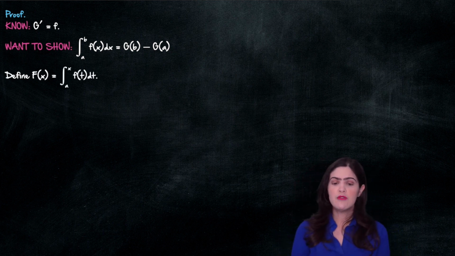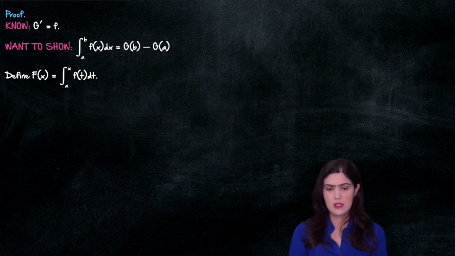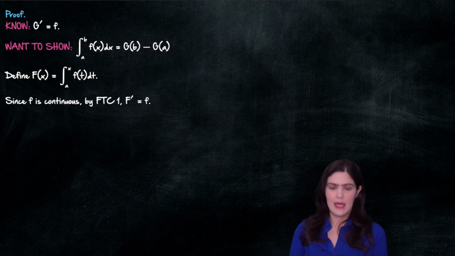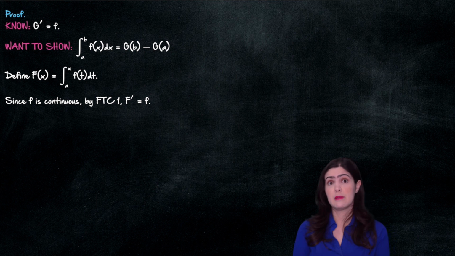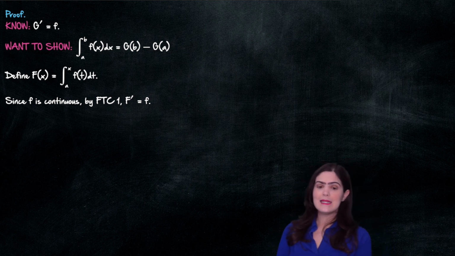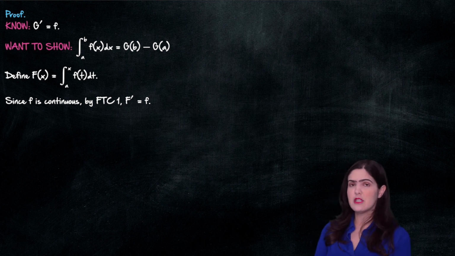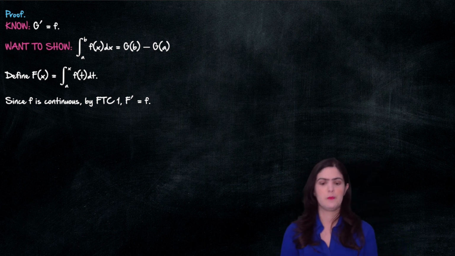Okay. So we're going to first define big F(x) to be the integral from a to x of f(t) dt. Now, since f is continuous, we can use the first part of the fundamental theorem of calculus, and that tells me that the derivative of big F is equal to little f. Good.